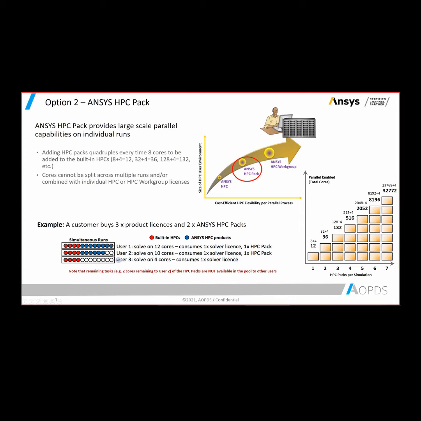So no matter what number of cores he or she uses, 1 HPC Pack license will be consumed. And the remaining 2 cores of the second user are not available in the pool to the others.